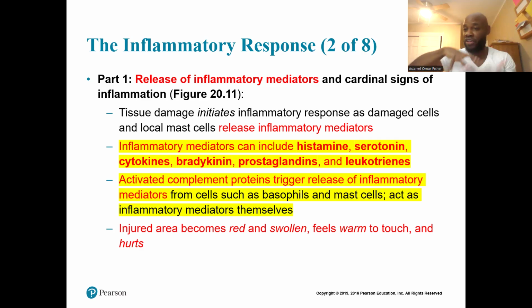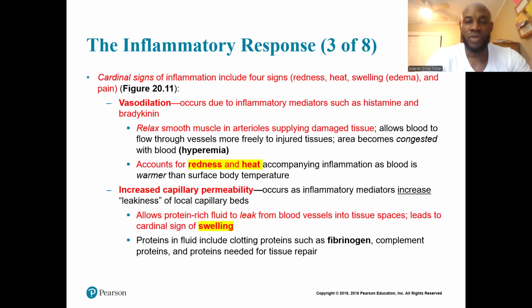Remember, they're floating around in your blood plasma, and they trigger the release of inflammatory mediators from cells such as basophils and mast cells. The injured area becomes red and swollen, feels warm to the touch, and it hurts. Your body is working right there. Redness, heat, swelling, and pain.